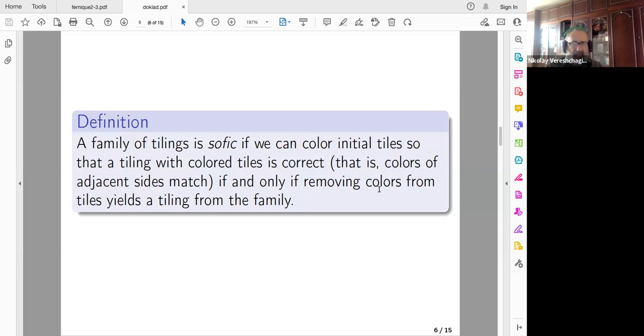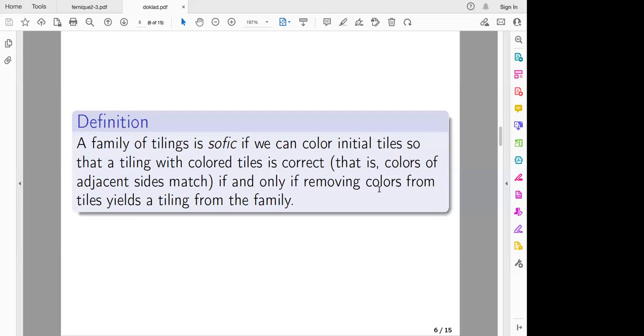And the other way around, if we tile the plane in the correct way using our tiles, then after removing colors, we obtain a tiling from our family. So that's what I intended to say.